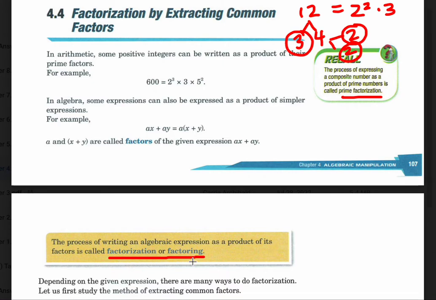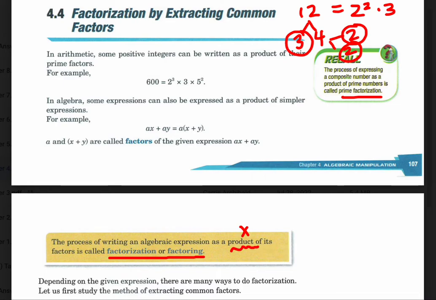Factorization or factoring is when we write an algebraic expression as a product, the numbers that multiply to get that number or that expression, as opposed to adding or subtracting or dividing. So product, that's multiplication, that'll get its factors.